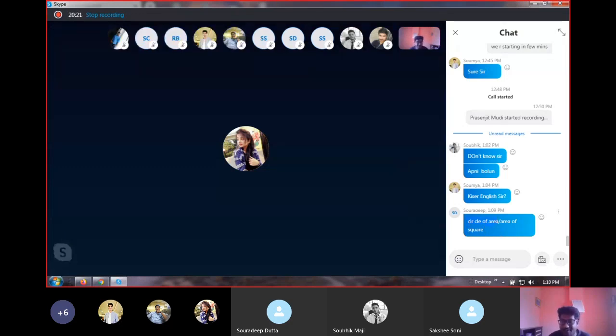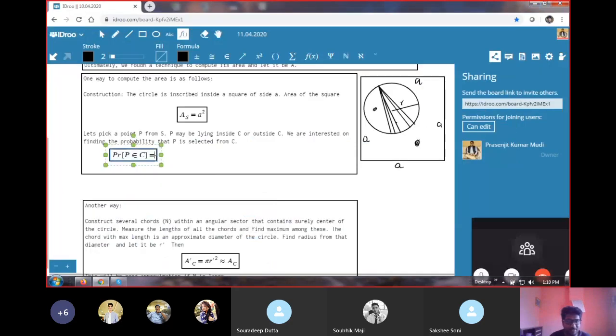But I do not know the area of the circle. That's what I am trying to compute. So if I am using the area of the circle, why should I calculate it? So that is one thing. See how to compute this.